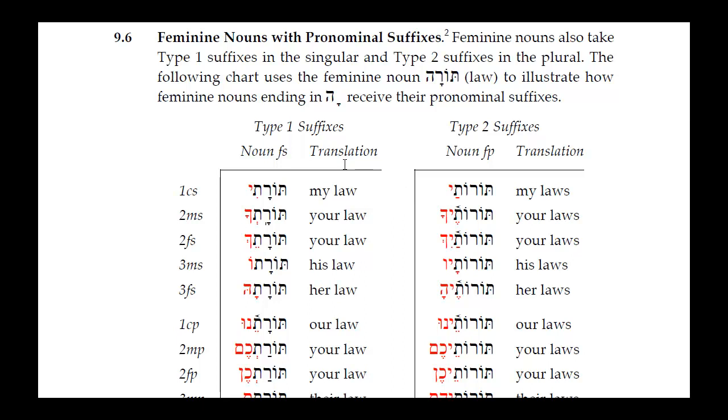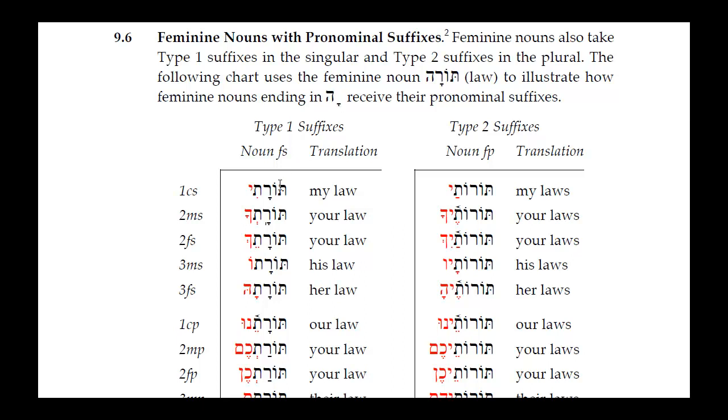The following chart uses the feminine noun Torah, which we're familiar with, to illustrate how feminine noun endings in qamets hey receive their pronominal suffixes. For example, under the type 1 suffixes, the noun is going to be singular. So when we have a qamets hey noun here, this tells us that this noun is feminine. The qamets hey is the indicator that it is singular and that it is feminine.